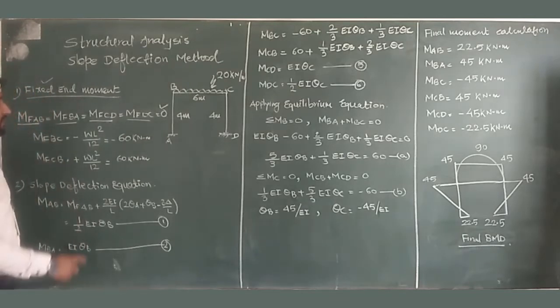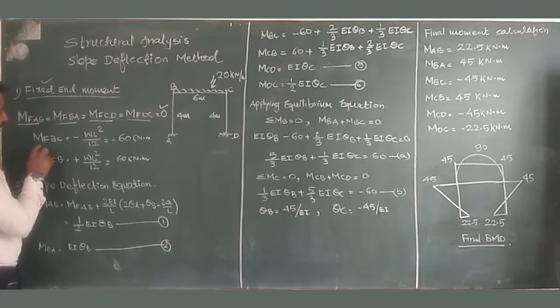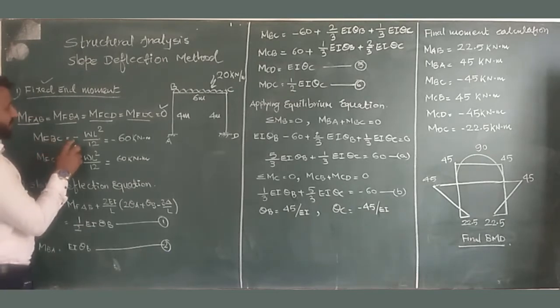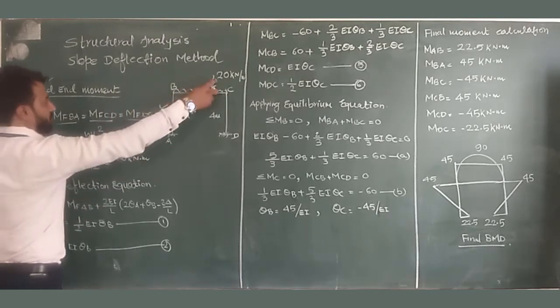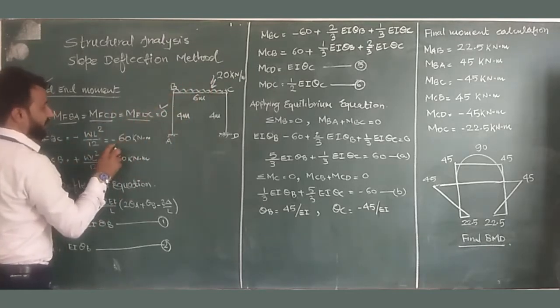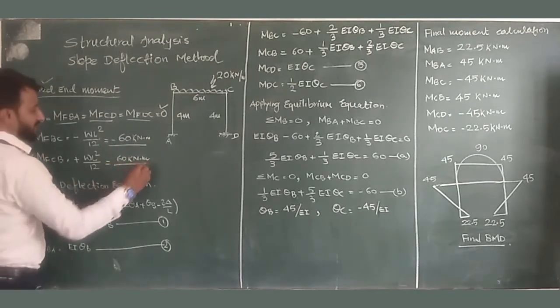Only one member has the UDL of 20 kN per meter. So fixed end moment BC will be minus WL square by 12. If you substitute W as 20 and L as 6 meter, you will get minus 60 kilonewton meter. Similarly, fixed end moment CB we will get as plus 60 kilonewton meter.